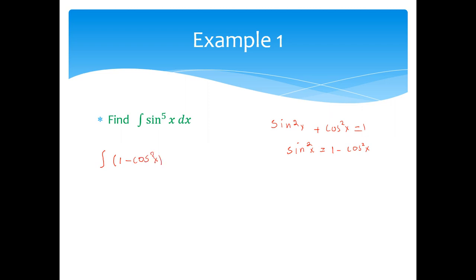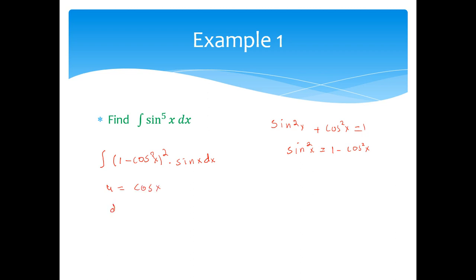So we took sine square of x, and then this we raise to the power of 2. That means we actually took sine to the power of 4 of x, times sine of x dx. But now let's say u is equal to cosine of x.